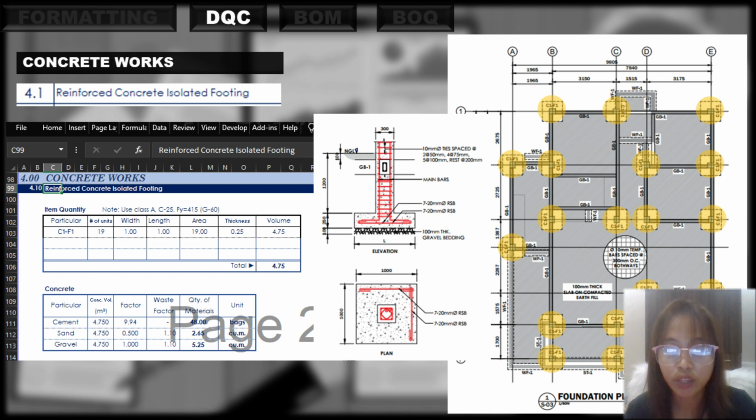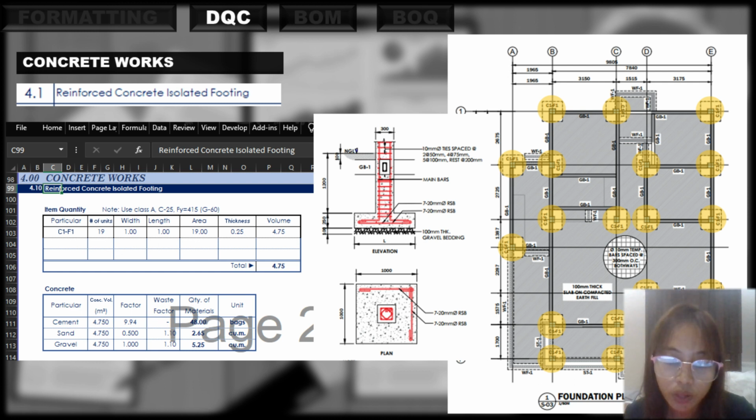Reinforced concrete isolated footing, as shown, we have 19 units with a length and width of 1 meter and thickness of 0.25 meter. From this data, we'll arrive with the volume of 4.75 cubic meters. To get the number of bags of cement, since RC footing is Class A with compressive strength of minimum 25 MPa, we multiply the volume 4.75 by the factor 9.94.